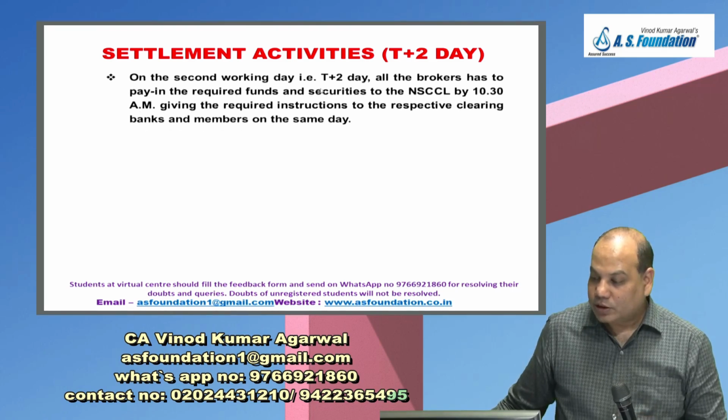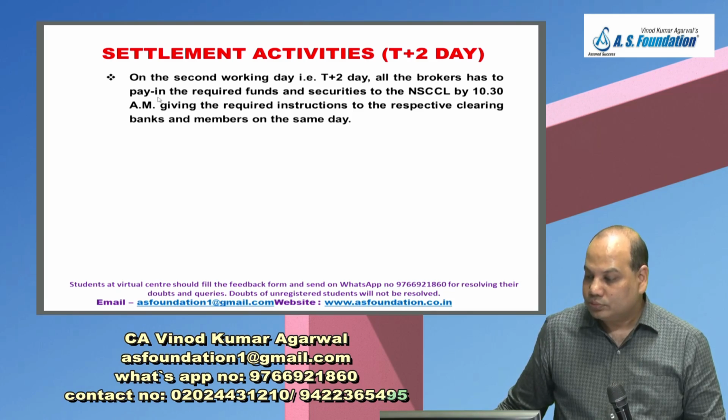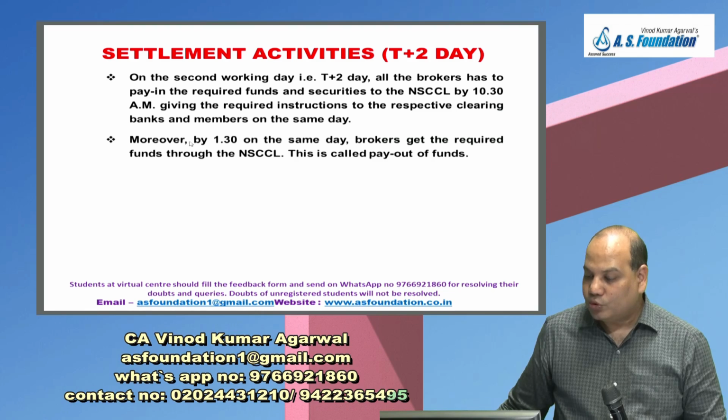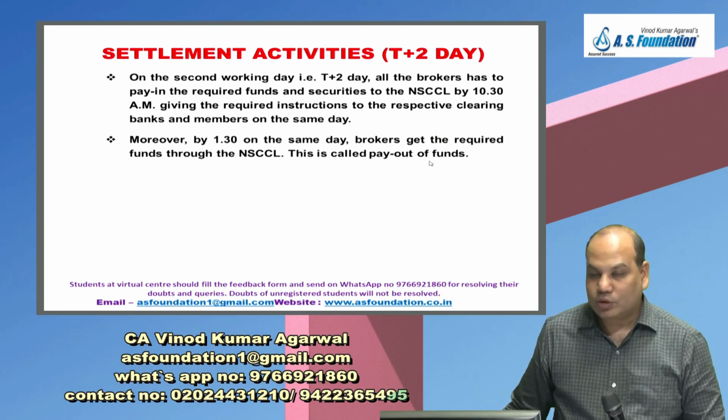On the second working day, all the brokers have to pay in the required funds and securities to NSCCL by 10:30 am, giving the required instruction to the respective clearing banks and members on the same day. Moreover, by 1:30 on the same day, brokers get the required funds through NSCCL, and this is called payout of the fund.